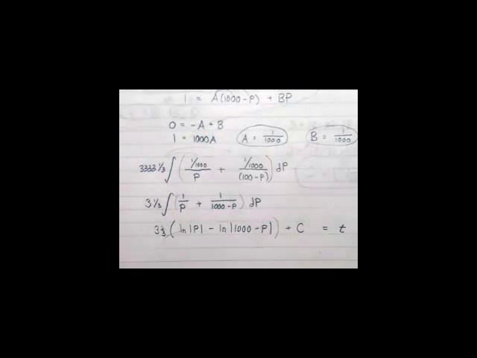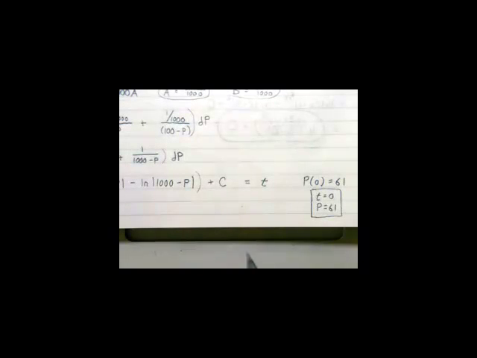Okay. So, running out of time here, but here's what I'd like you to do. Take this thing, plug in a 0 for t, plug in a 61 for p, solve it for c. Okay, you can do that, right? Figure out that constant c by plugging those two numbers in.